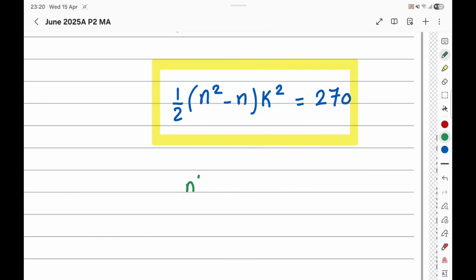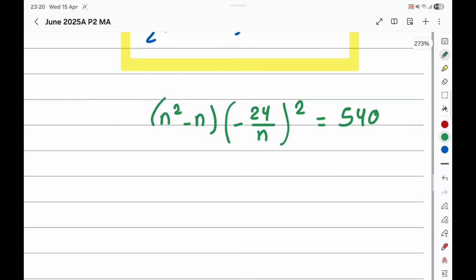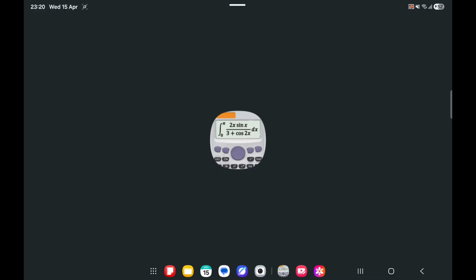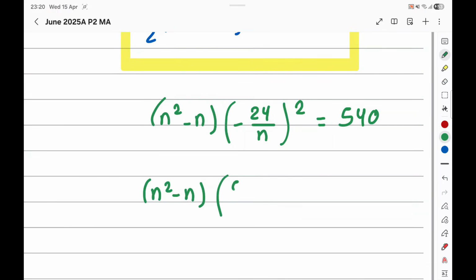So it will be (n squared minus n) times (negative 24 over n) squared equals 540. Negative 24 to the power of 2, 24 squared, is 576. So 576 over n squared, times (n squared minus n), equals 540.